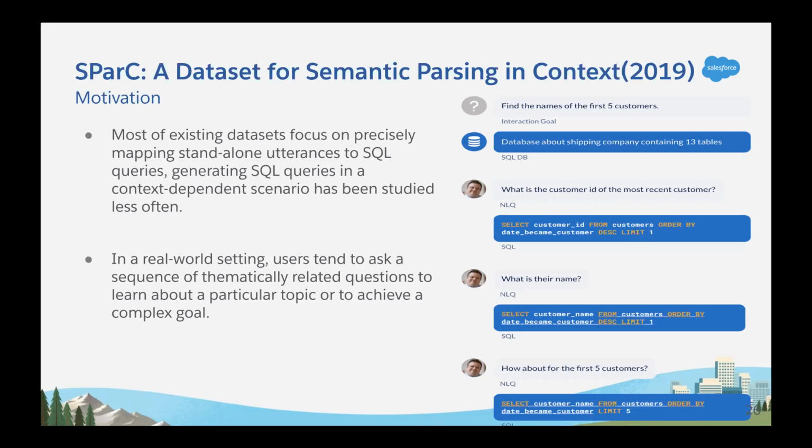They don't consider the context-dependent scenario, because in a real-world setting, in many situations the user does not directly ask a very long sentence about the final goal they want. They usually ask a sequence of related questions step by step, and finally achieve a complex goal.